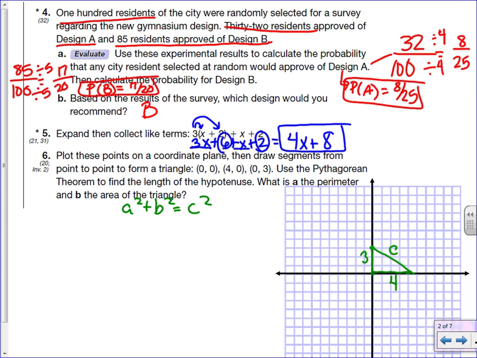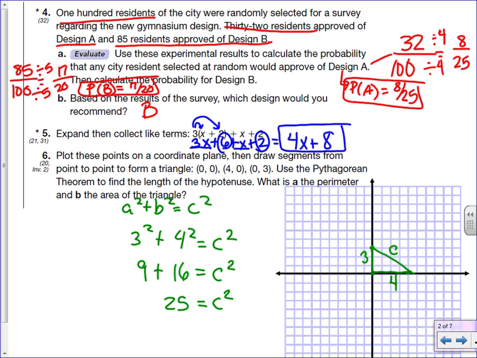So a squared, we'll call a, is 3. 3 squared plus 4 squared. Getting a step ahead of myself. 3 squared is 9. 4 squared is 16. 9 plus 16 is 25.